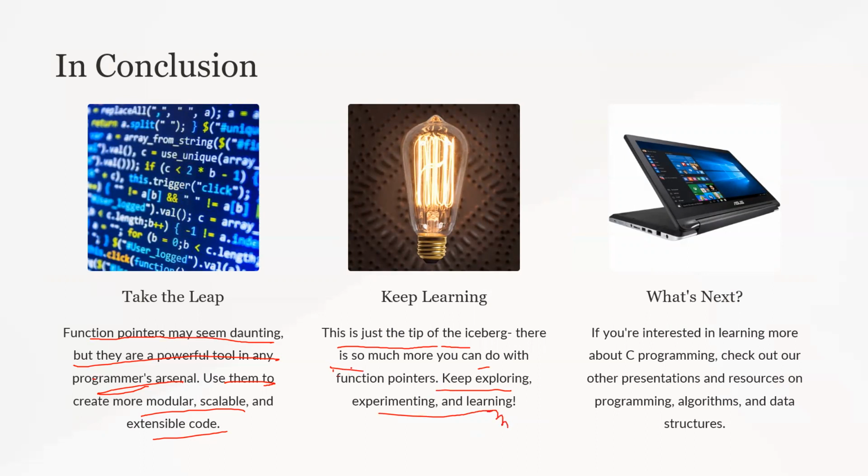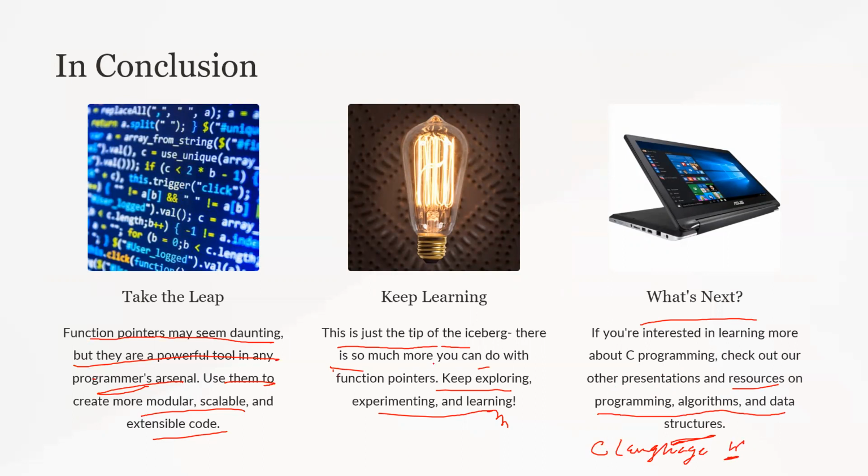And yeah, what next in this? If we are interested in learning C programming, we need to check out other resources on programming algorithms and data structures, so that we should be able to understand all these C language building blocks, right?